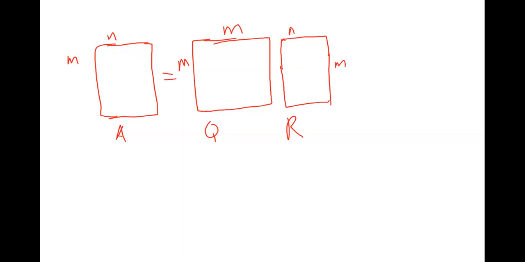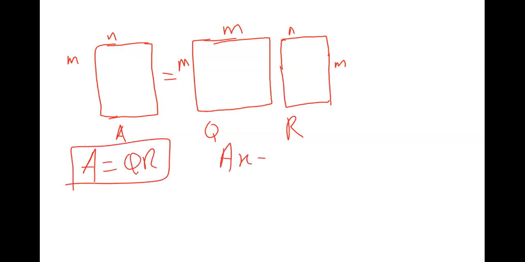So this is how you have to picture it. And of course, if we can write A to be QR, then we can write AX.